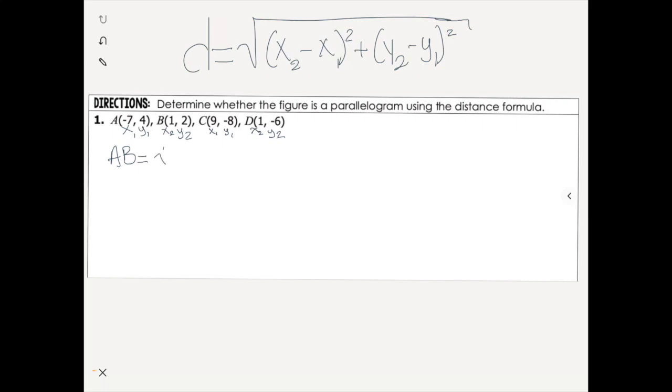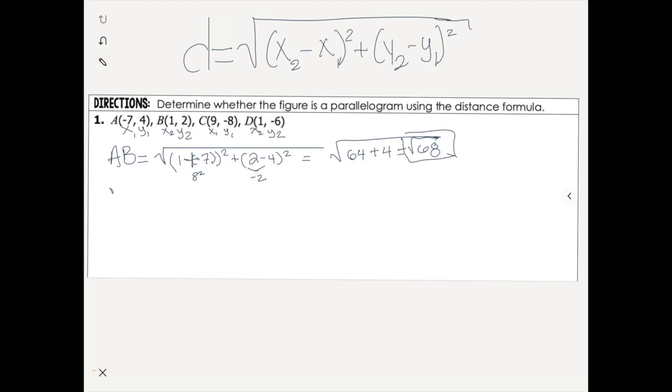So for side AB, our x sub 2 is 1 minus negative 7 squared plus 2 minus 4 squared. And that is equal to 1 minus a negative, which turns into a positive, so you're going to have 8 squared, and we know that 8 squared is 64. 2 minus 4, you're going to have negative 2, and negative 2 squared is 4. 64 plus 4 gives us the square root of 68.